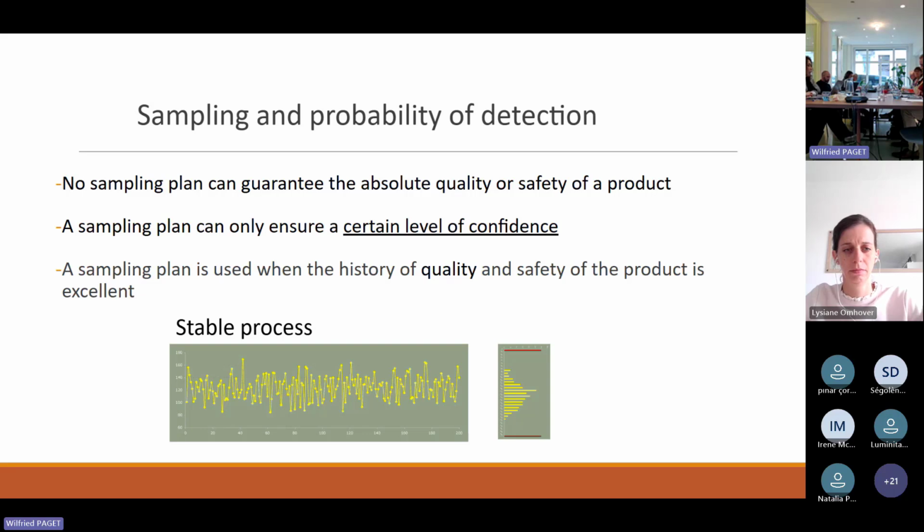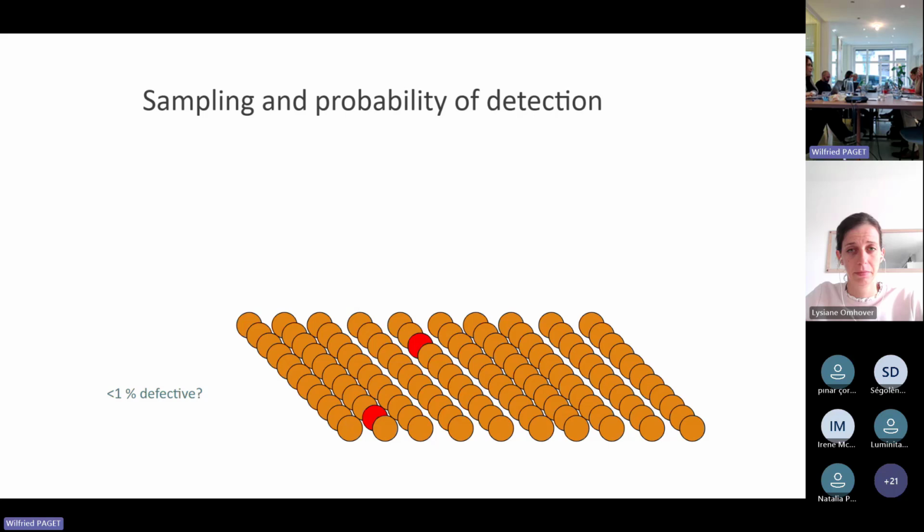Therefore, you have to understand that there is a risk, and the complement of this risk is known as the level of confidence. So from this lot, I can establish a sampling plan where I feel I am 90% confident that the defectives are going to be found, or that the batch is going to be classified as defective.